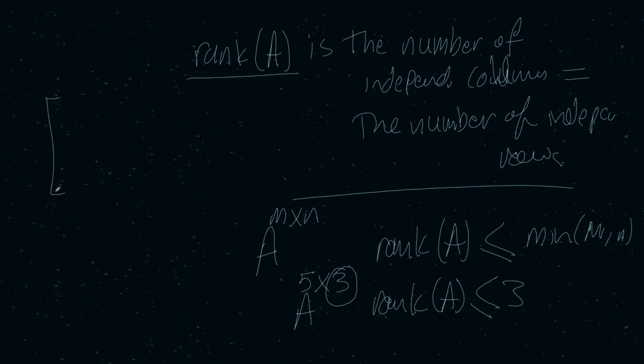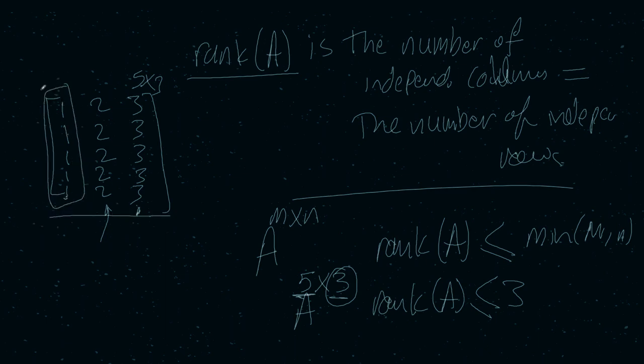The first column is 1 2 3 4 5, the second is 2 2 2 2 2, and the third is 3 3 3 3 3. The dimension is 5 by 3, but the second column is just 2 times the first column, and the third column is just 3 times the first column. So simply, the rank here is equal to 1.